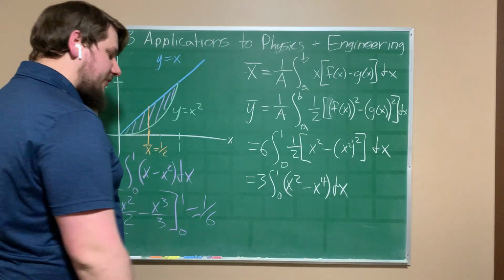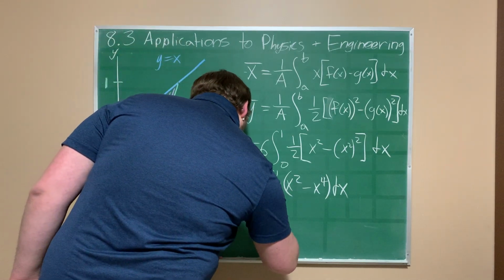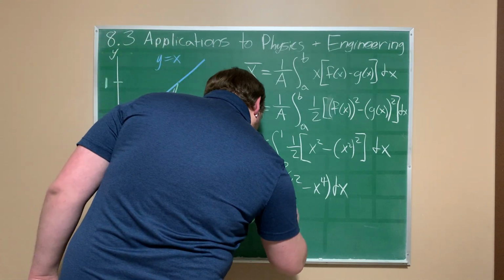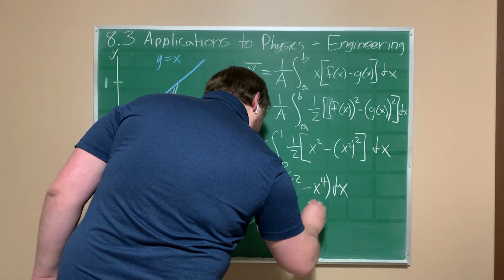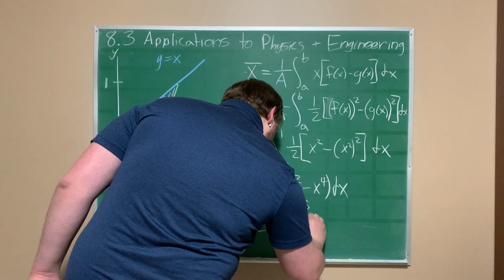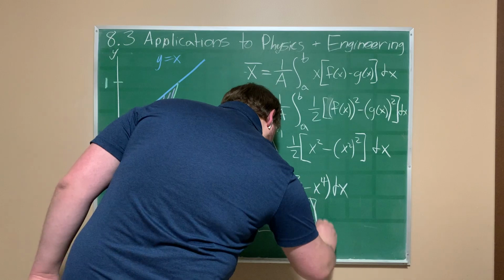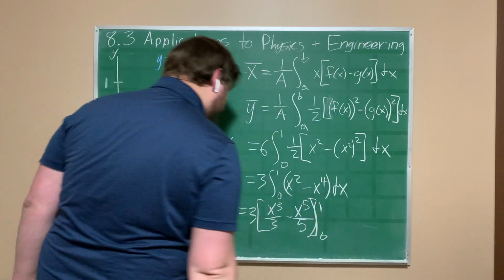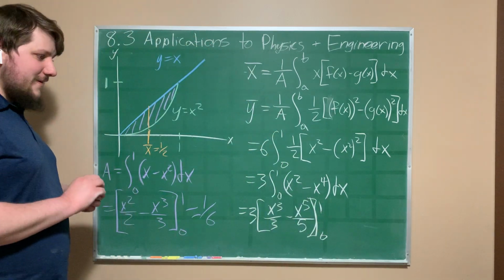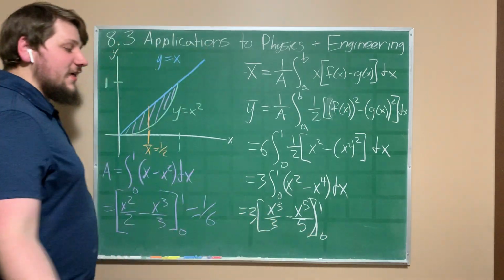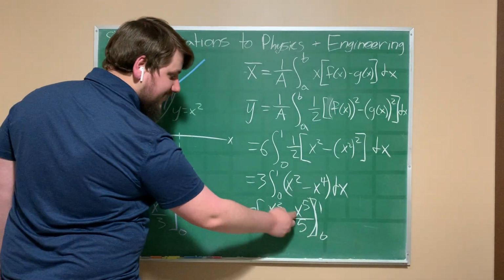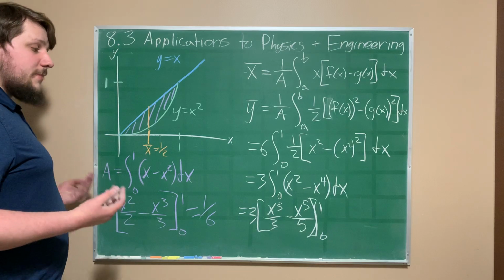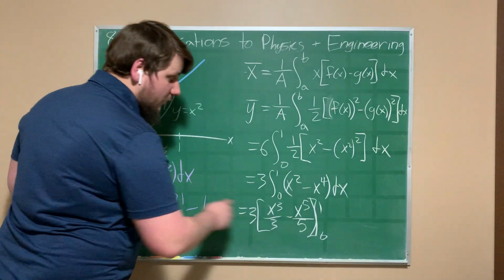So take the antiderivative in each case. We're going to have 3 times x cubed over 3 minus x to the 5th over 5, evaluated from 0 to 1. For the third time, when we evaluate at 0, nothing's going to happen, right? We'll have 0 minus 0 is 0. So the only parts that actually matter are when x is equal to 1 here.